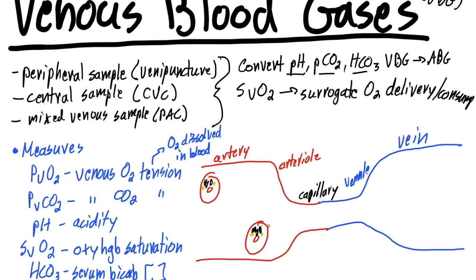And then floating around in here, we actually have oxygen tension, these dissolved O2 molecules. We also have carbon dioxide tension, which will be green, these dissolved CO2 molecules. And all of this is flowing towards the capillary.